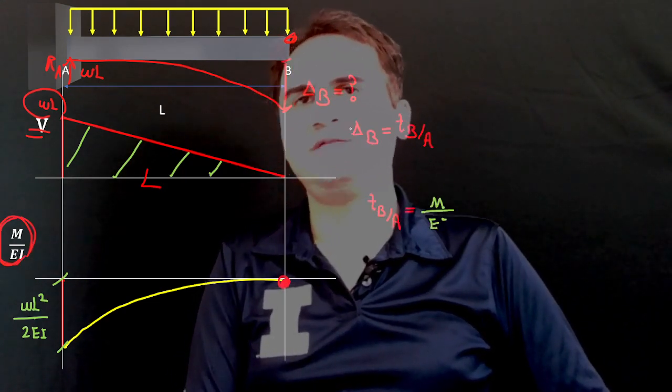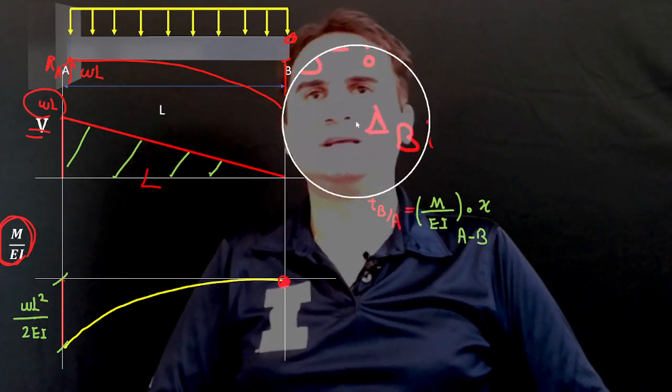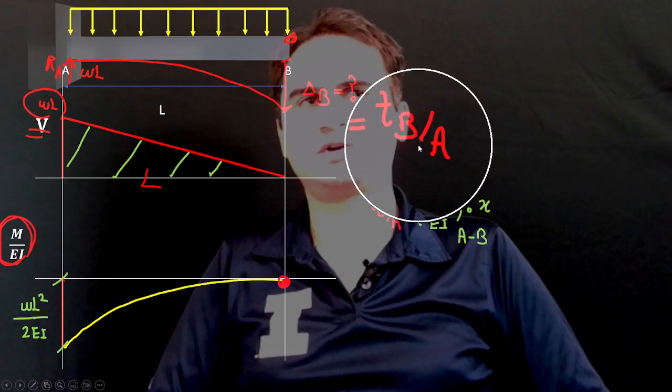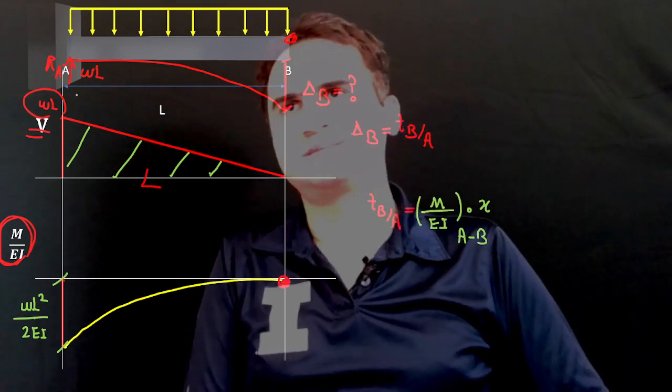At the same time we know delta is the tangential deviation with respect to a horizontal reference, which is A here.